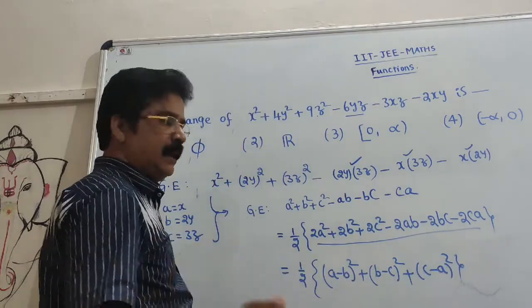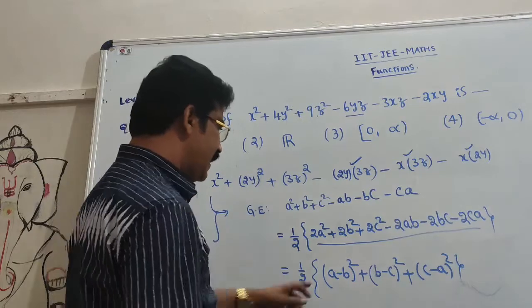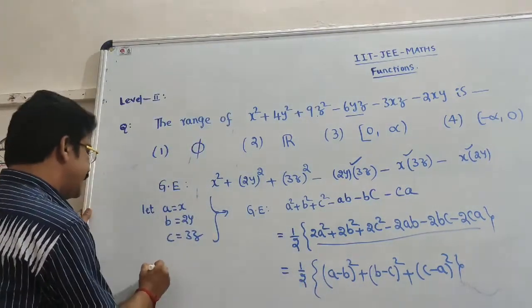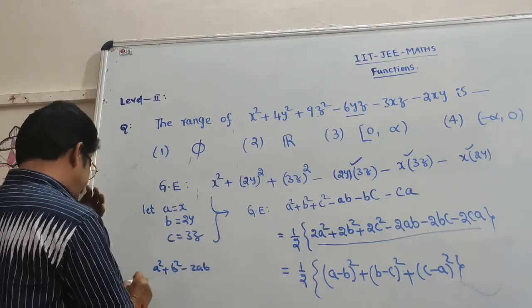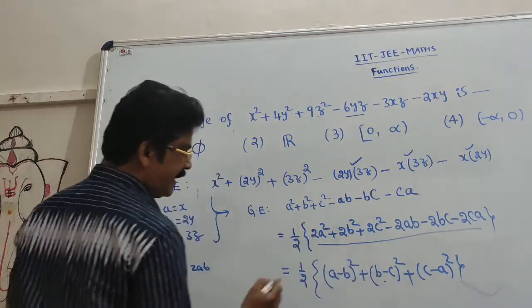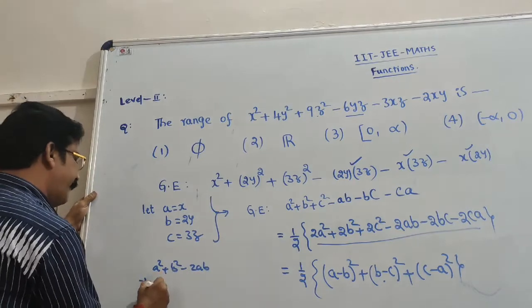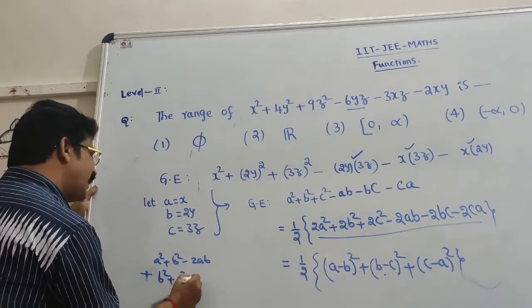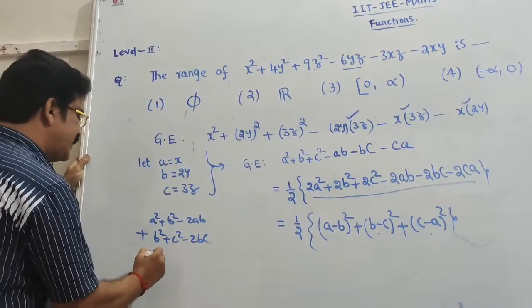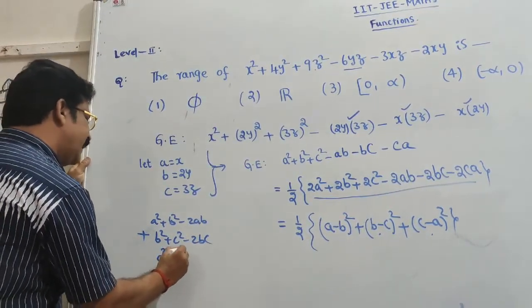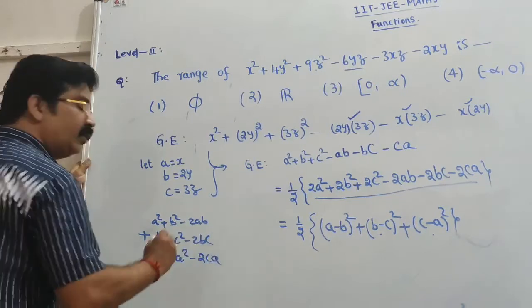If possible, you can verify this. a minus b whole square is a square plus b square minus 2ab. Next, plus b minus c whole square is b square plus c square minus 2bc. Next, c minus a whole square is c square plus a square minus 2ac.